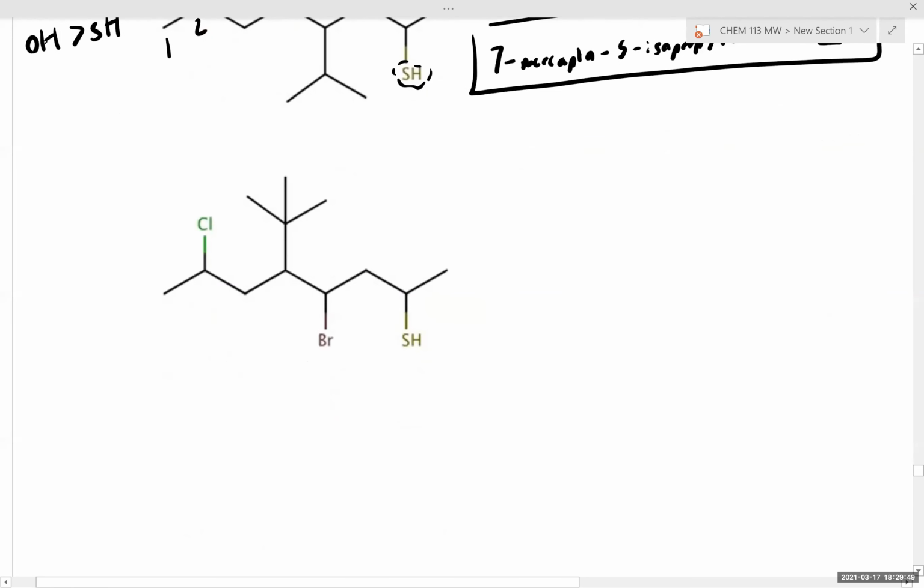Okay, so let's look at a case now where we're naming a typical thiol where the SH group is our highest priority group. Let's take a few minutes and try to name this compound using the IUPAC convention.